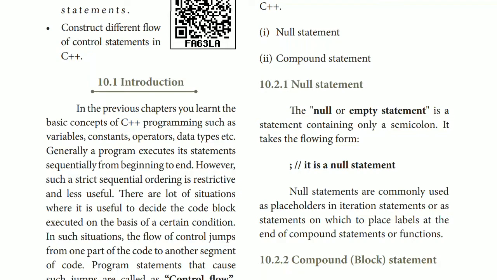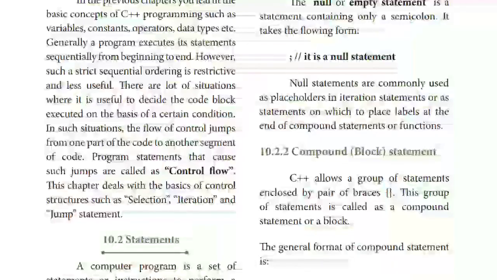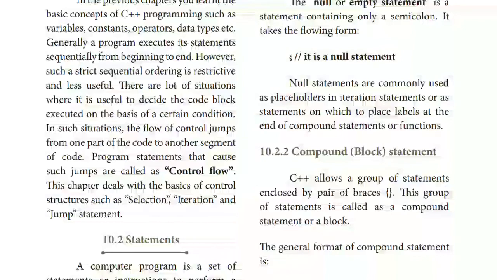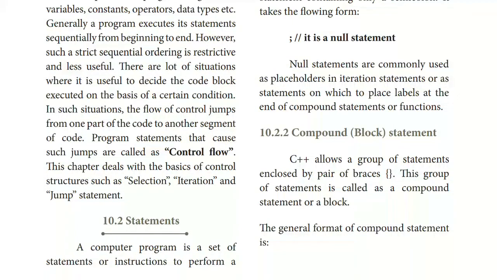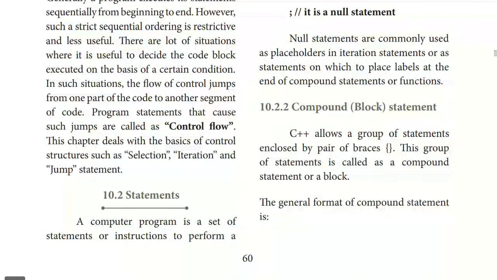Okay, so next is compound statement. C++ allows a group of statements enclosed with a pair of brackets. This group of statements is called a compound statement or block. Okay, so a particular set of statements can be combined to form a block.